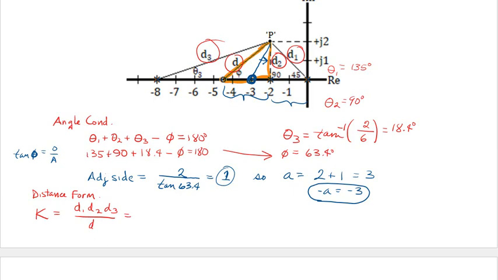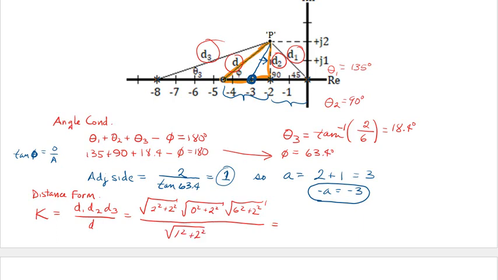For d1, it's the square root of 2 squared plus 2 squared. d2 is just going to be 2, so 0 squared plus 2 squared. And d3 is going to be the square root of 6 squared plus 2 squared. And then all over d, which is the square root of 1 squared plus 2 squared.